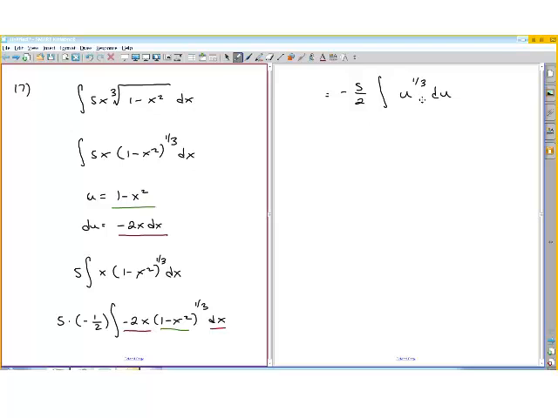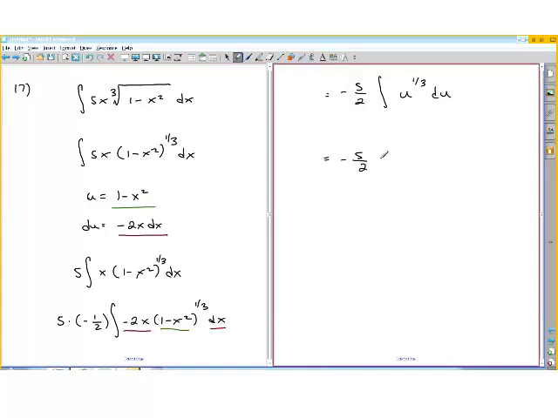Now we just have a polynomial, so we add 1 to the exponent and get u to the 4/3 power. 1 plus 1/3 is 4/3, since 1 is 3/3 and 3 plus 1 is 4 over a common denominator.